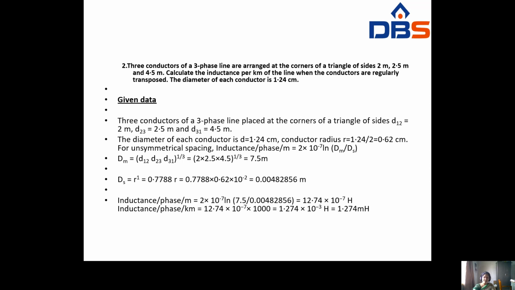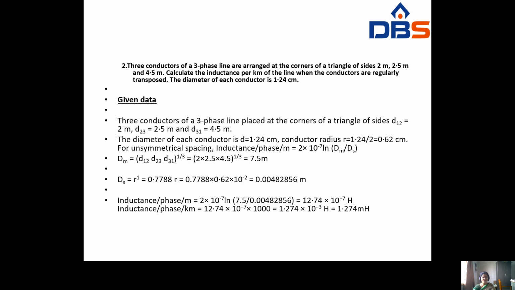The diameter of each conductor is D equal to 1.24 centimeters. So the radius r equals D by 2, that is 1.24 by 2, equal to 0.62 centimeters, for unsymmetrical spacing.